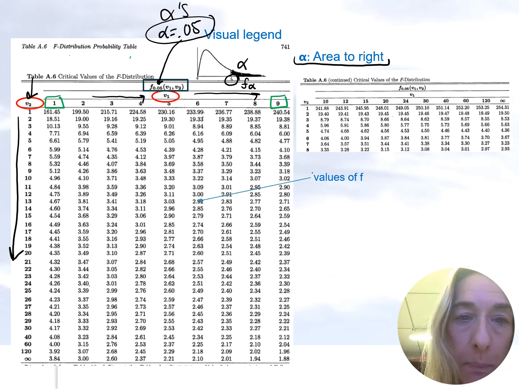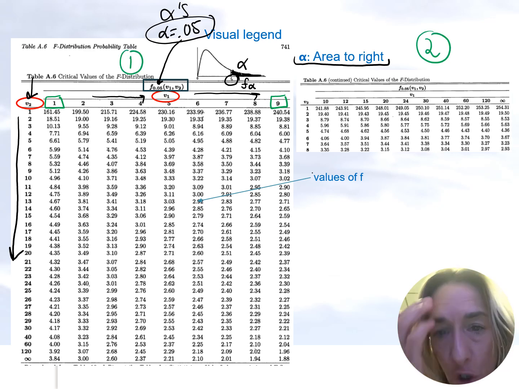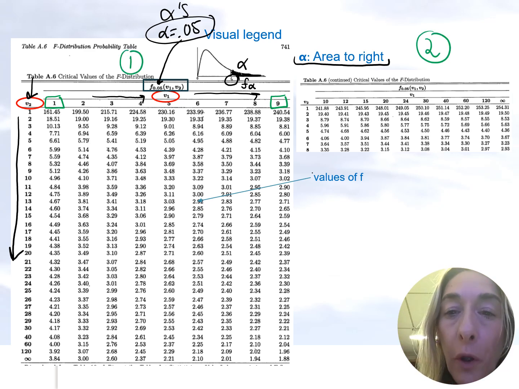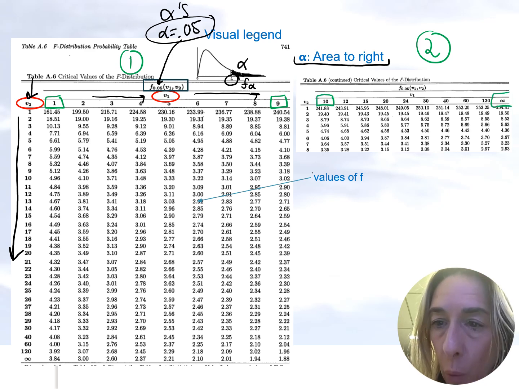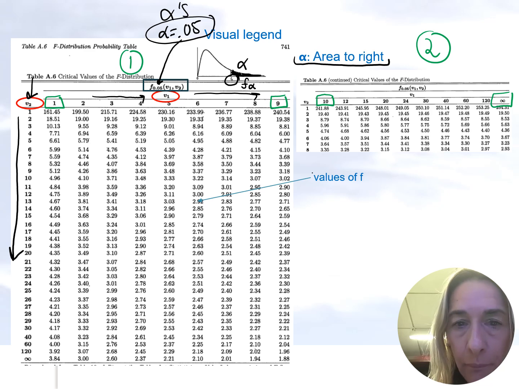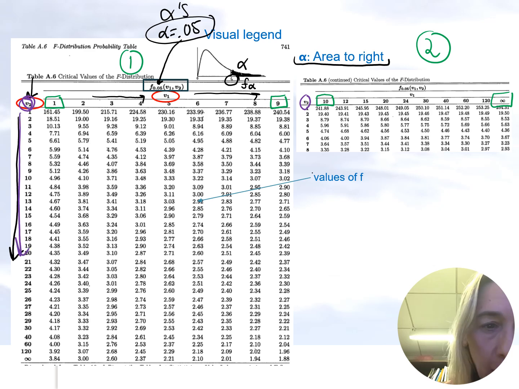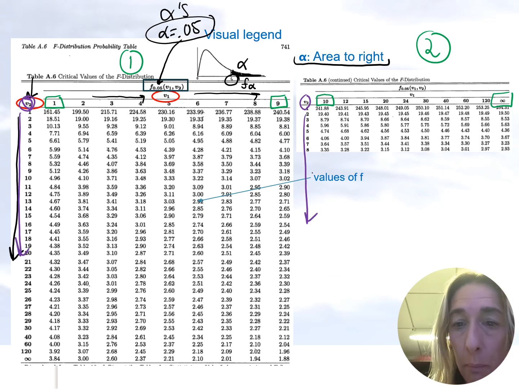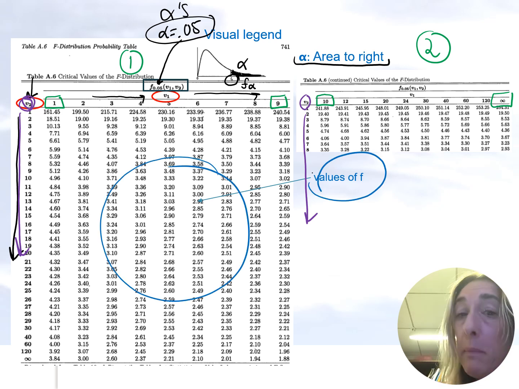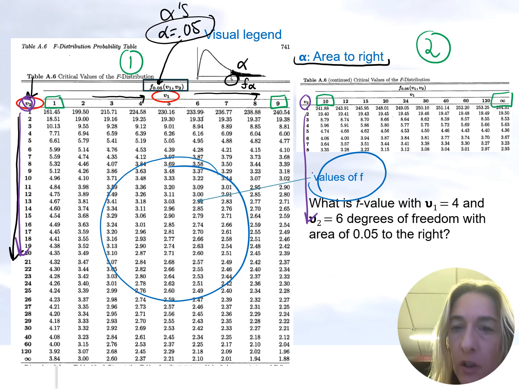Then the second page picks up from there with a nu1 value starting at 10 all the way up to infinity. The values for nu2 remain the same across both pages. Values for F, of course, sit in the middle of the table and are read from the middle of the table. So let's try an example.